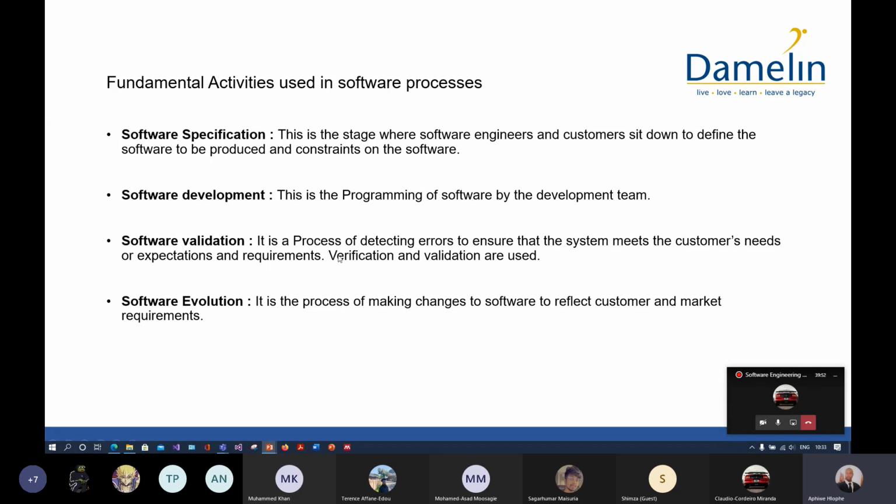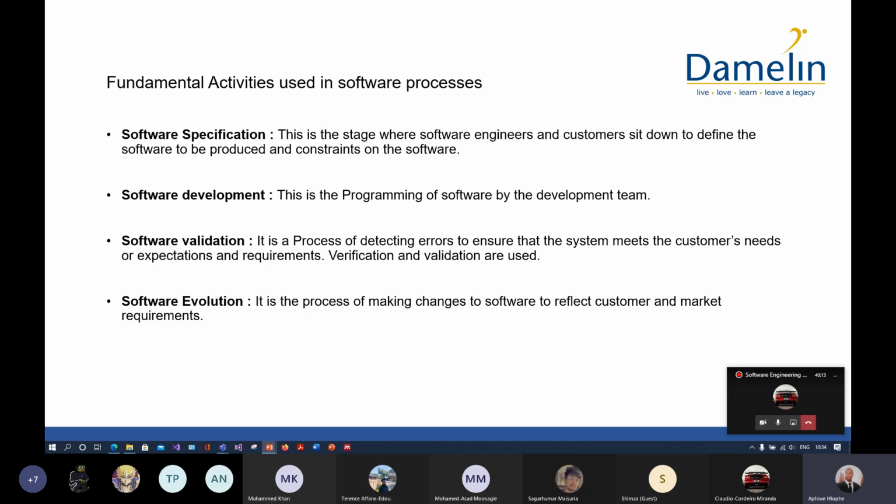I know in the previous years, we went through the traditional waterfall approach and the spiral model. Now, there is another one called the V model, and in the later study unit, we'll look at it, but it's very useful when you want to do software validation.